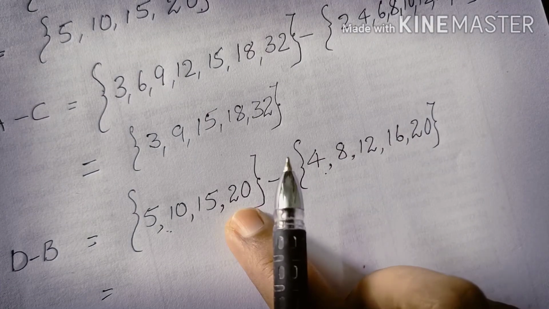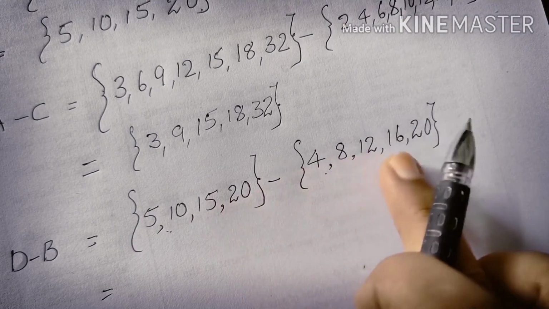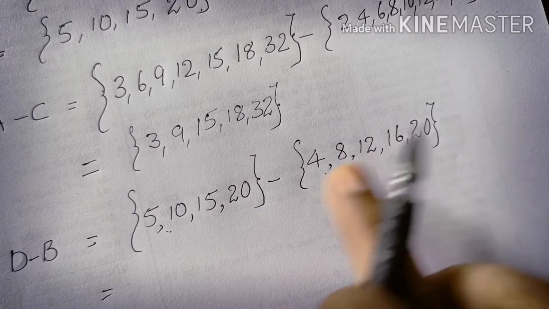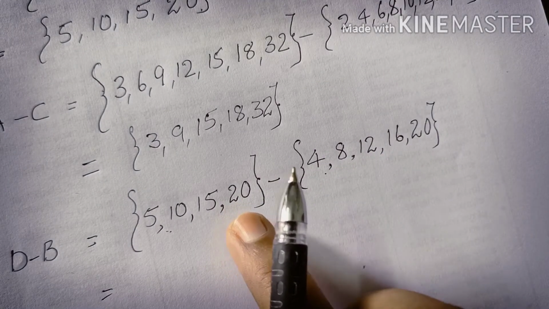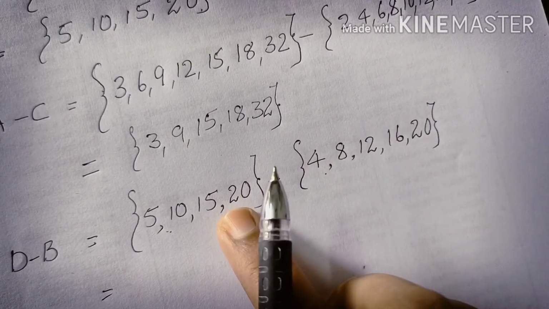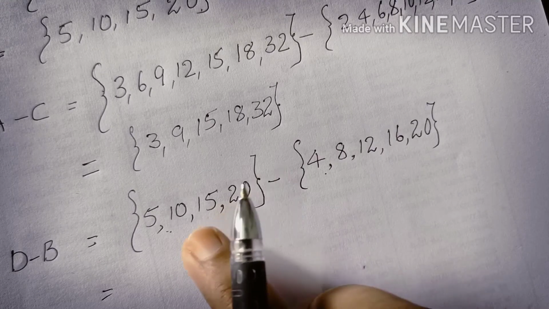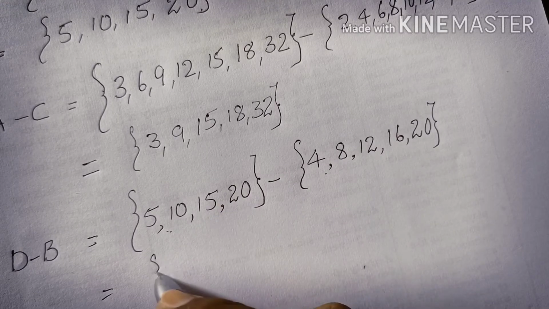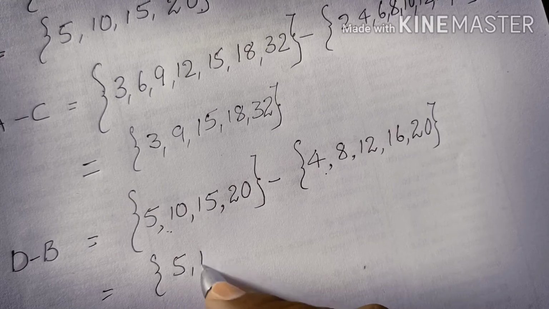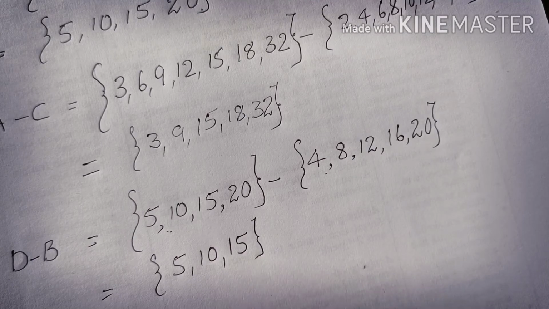Okay, 20 is an element of B. So, when we are writing D minus B, B should be taken out, no? B should be cancelled. So, we should not write 20. Except 20, all remaining elements come in D minus B: 5, 10, 15. This is D minus B.